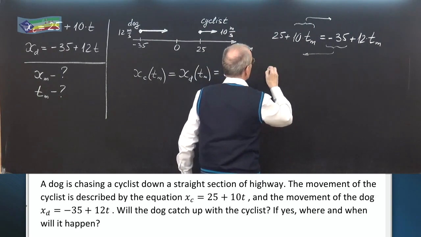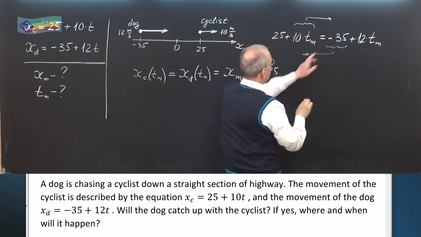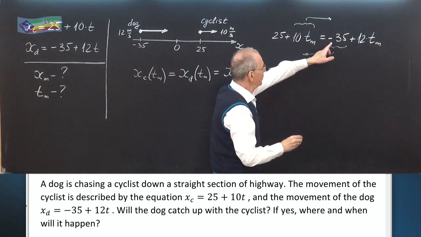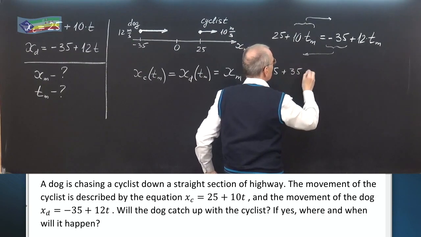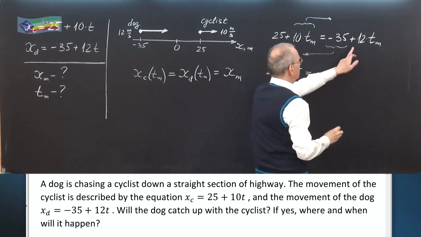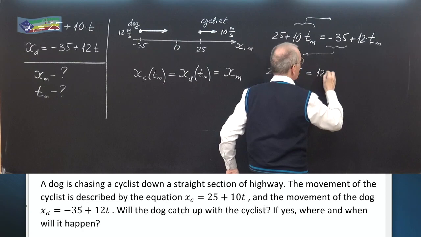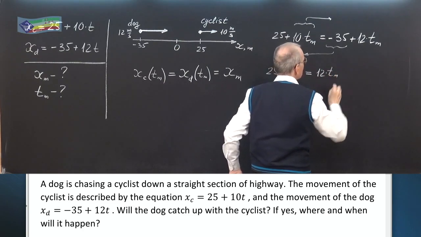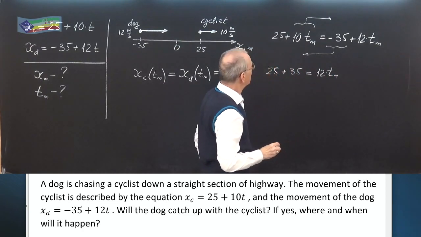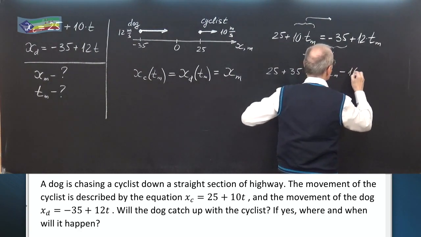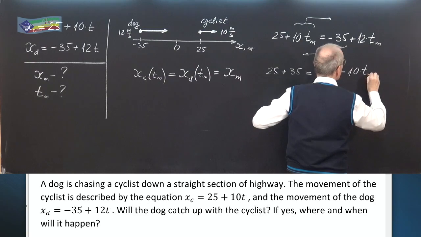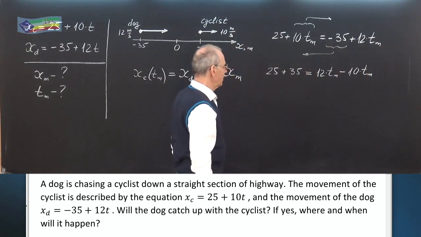We have 25 minus converts into plus 35 equals 12 times meeting time minus 10 times meeting time.